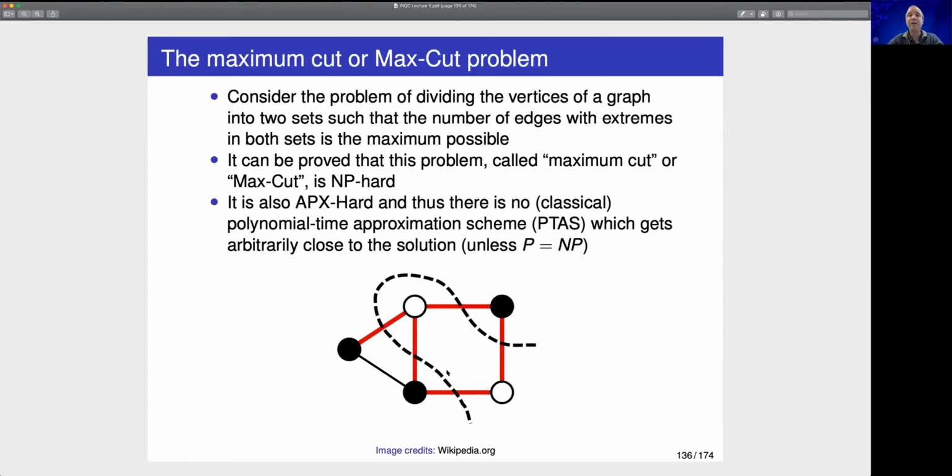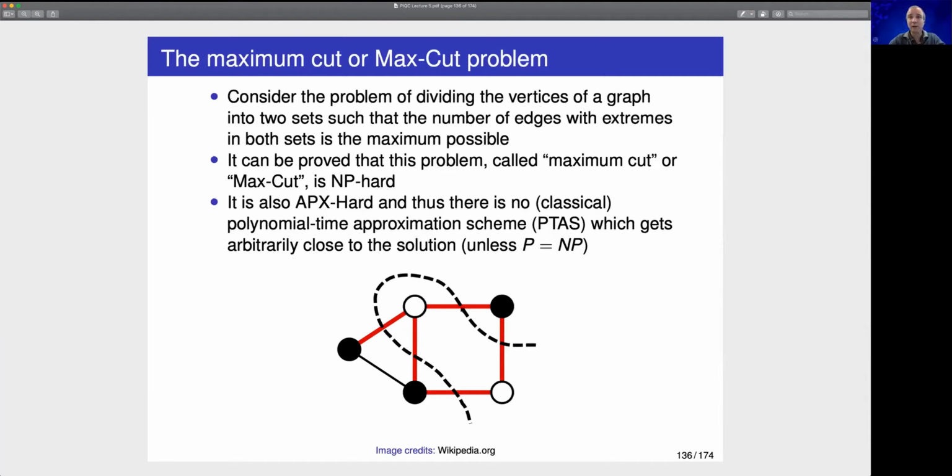And the goal of this division into two groups is to do it in such a way that we obtain a lot of edges which have extremes in groups of different colors. This is what we call a cut.